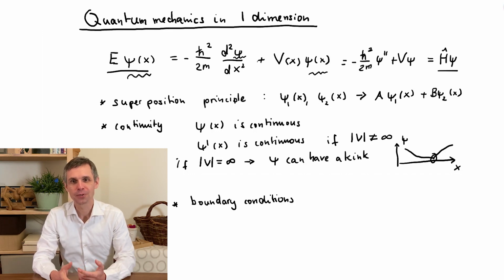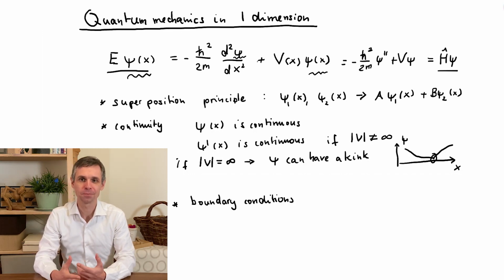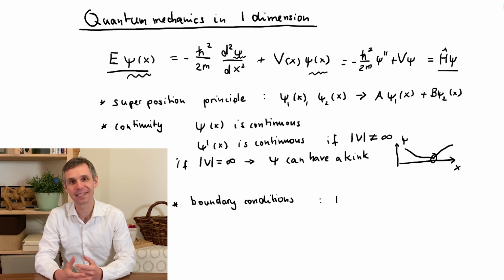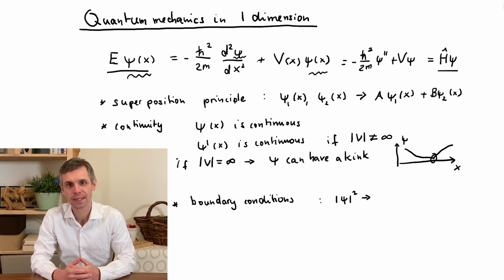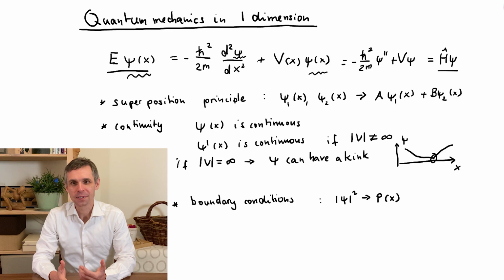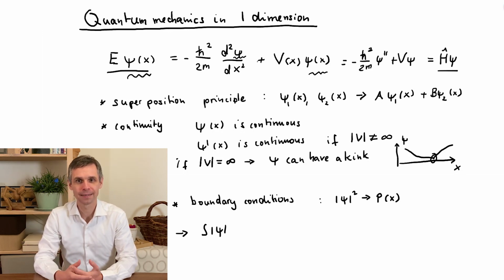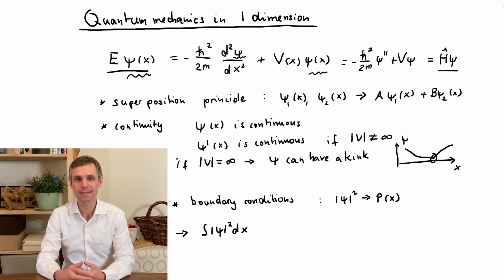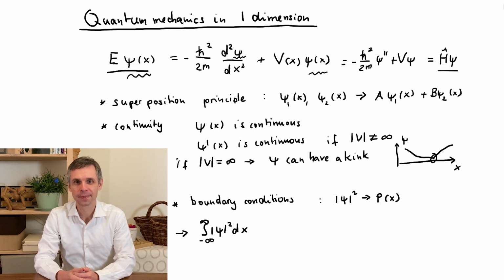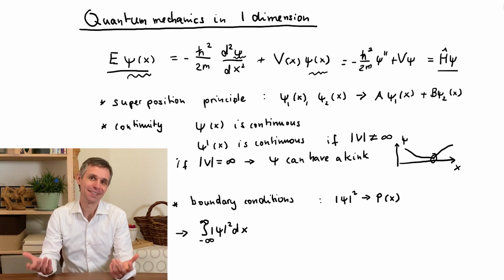And that's because we want to interpret psi squared as the probability density to find the particle somewhere in space. That means that in most cases we would like to have the situation where we can take this probability density and integrate it over all space, and then we would like to get 1 out of this. 1 means that the particle is somewhere.